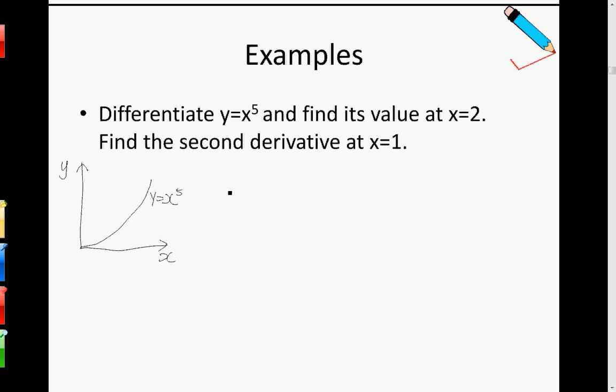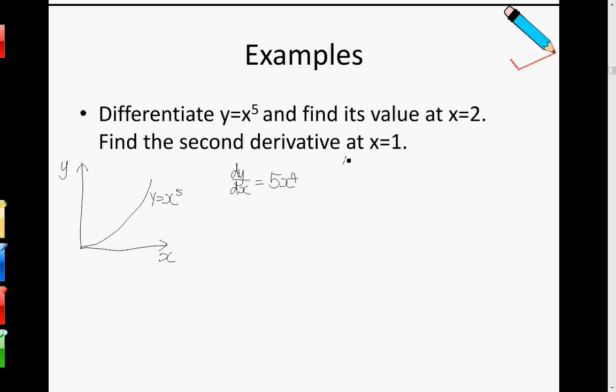We want to find the gradient function, we want to differentiate it, so we want to find dy/dx. And dy/dx is just multiplying the previous power by the coefficient. Initially the coefficient is 1 here. So multiplying it, we get 5x, and the new power would just be the old power minus 1. So 5 minus 1 would be 4. So dy/dx, the gradient function, is 5x to the power of 4.